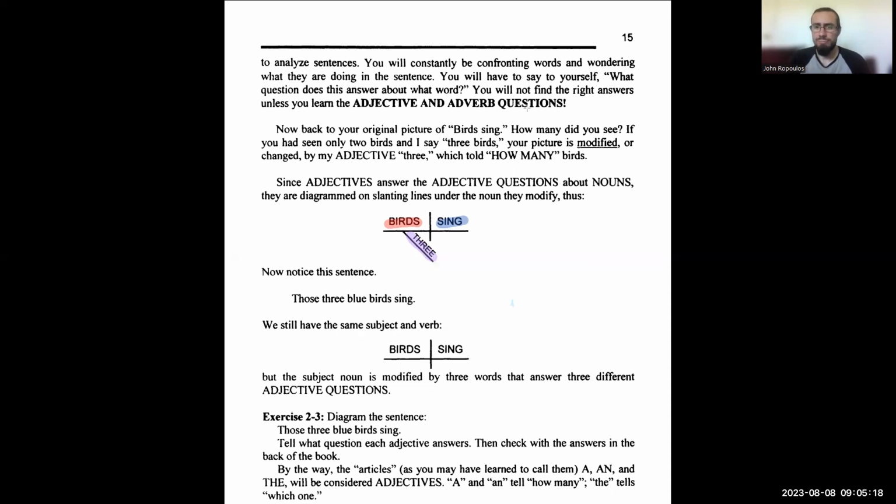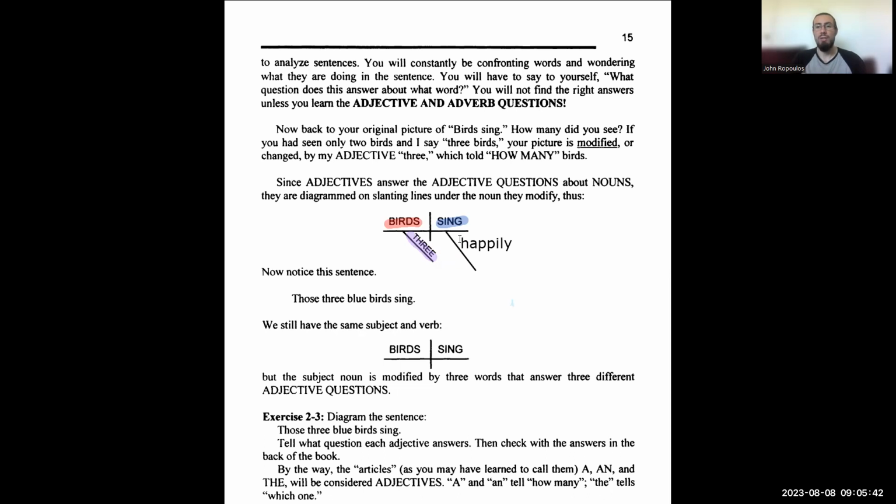So for instance, 3 birds sing what? Happily. So where do we put happily? We put it right under sing, just like that. The line here indicates that it's modifying that word, so it goes under it.